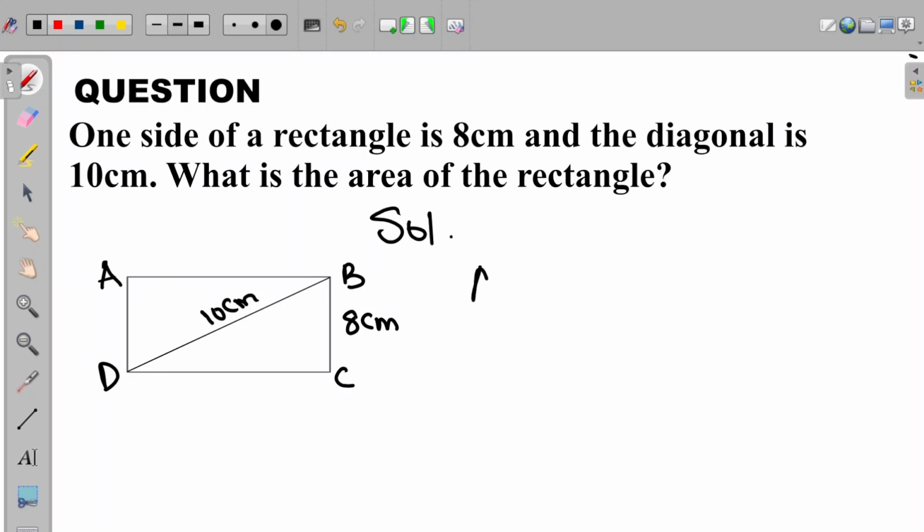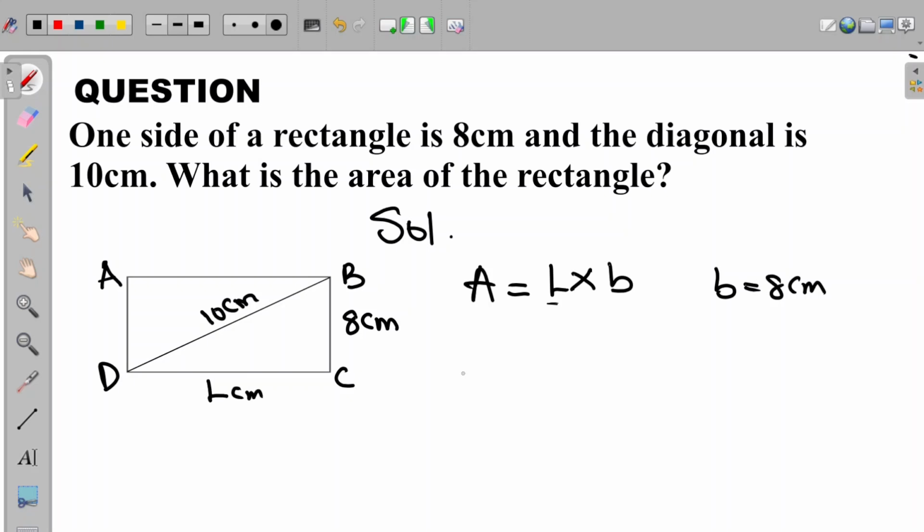Recall that area is equal to length times breadth, and we have obtained breadth B to be 8 cm, but we need the length. To obtain the length, which is side DC, we use the Pythagoras theorem.